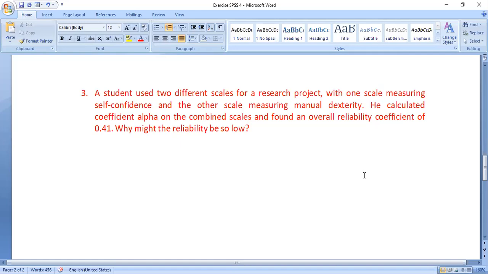And if you look here, you have got 2 different scales, one measuring self-confidence and the second measuring manual dexterity. Now comes the question: are self-confidence and manual dexterity the same thing? Self-confidence, we all know, is how much faith one has in oneself, how competent one feels.